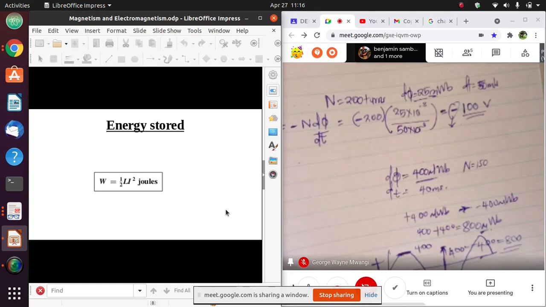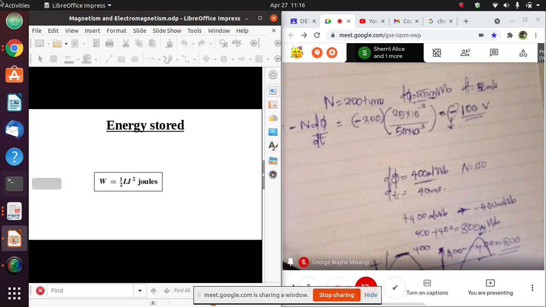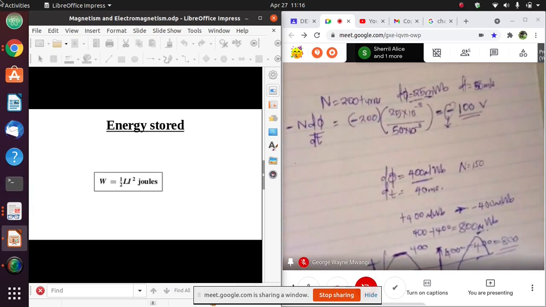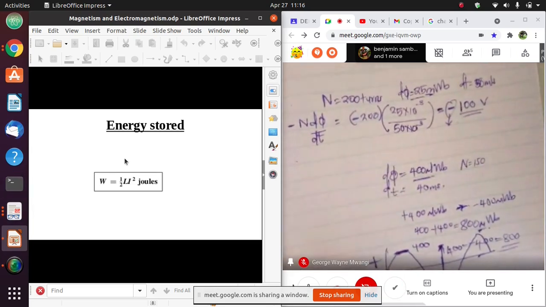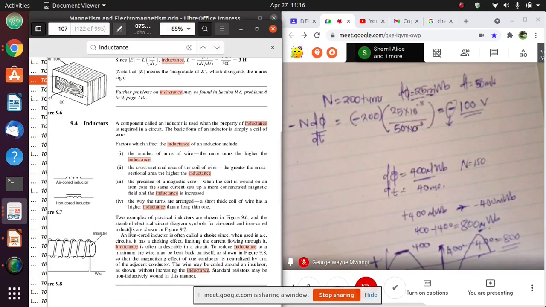Now we can calculate the value of that energy stored by saying that it is equal to a half times L times I squared. By now we should know what L and I mean. Tunaelewa? We do understand what L and I mean. L is the value of inductance in henries and I is the current in amperes.